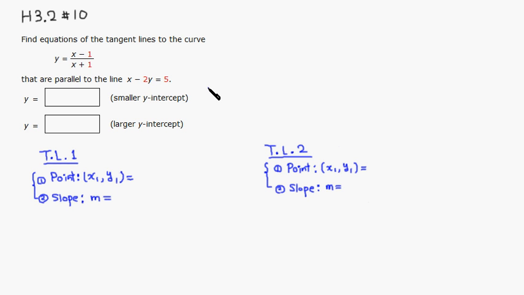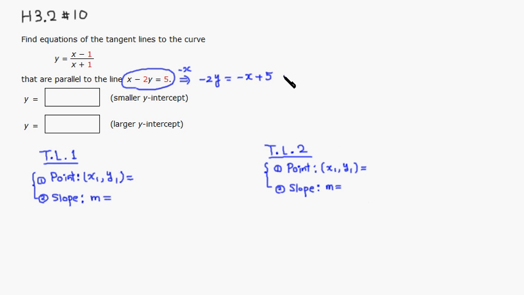First I'm going to rewrite this equation so that we can see its slope. So I'm going to solve for y. First I'm going to subtract x from both sides. You get negative 2y is equal to negative x plus 5.